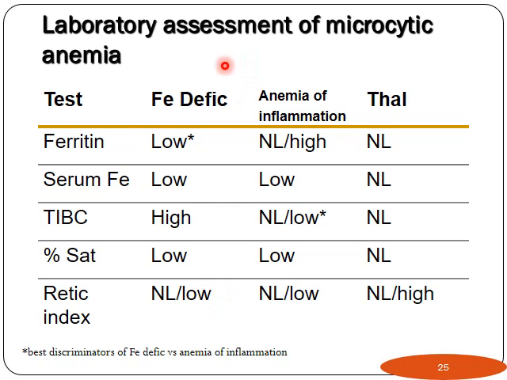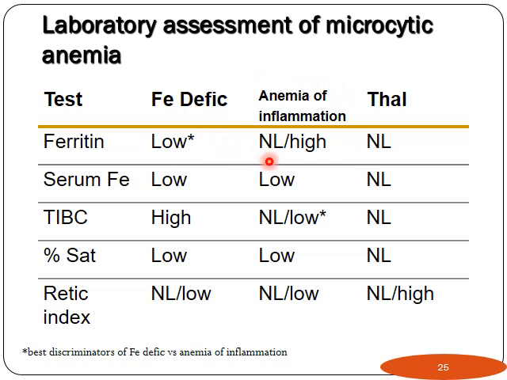So, in a case of iron deficiency, to summarize, the ferritin will be low, the serum iron will be low with increase in its total iron binding capacity, the percentage of saturation is low, and the reticulocyte count is either low or normal.